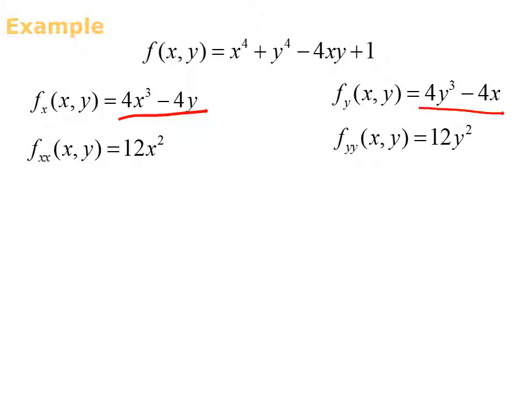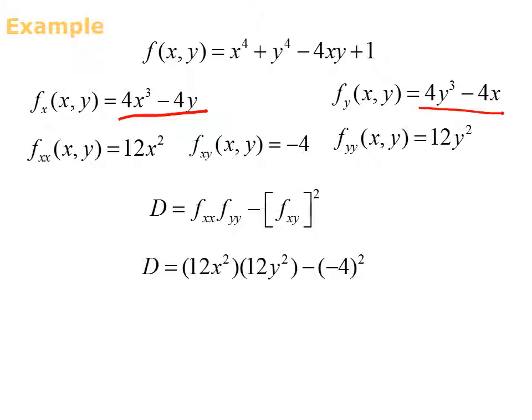You should get the same thing either way. Then use our formula. We multiply the second partials together, subtract the square of the mixed partials. We'll simplify that. So that is our discriminant.